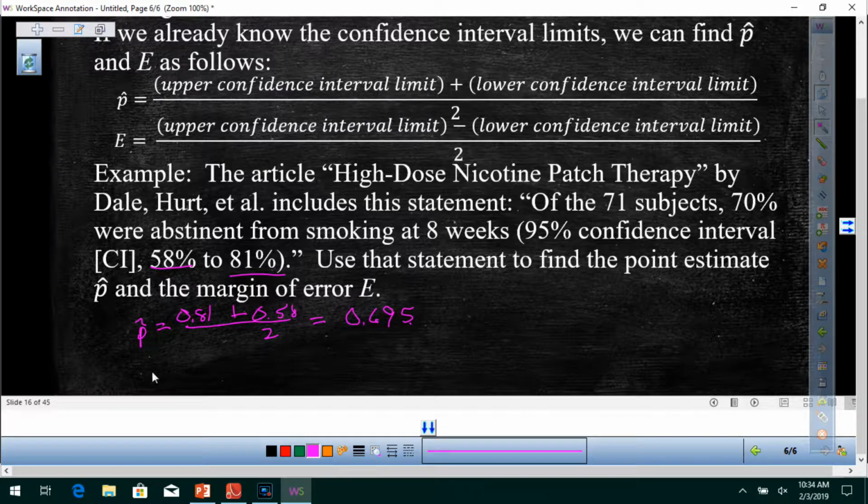And then now we need to find E. E is going to be 0.81 minus 0.58 divided by 2, and that equals 0.115. All right, so we found them.